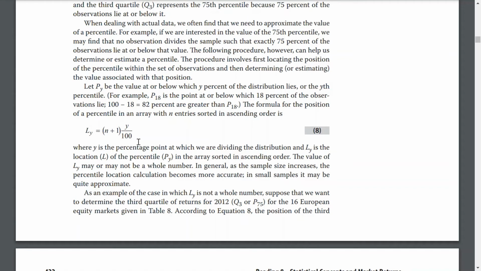It's 100 because we have percentiles, and percentiles are percentages, which are out of 100. Where y is the percentage point at which we are dividing the distribution, L sub y is the location of the percentile, and P sub y is from the array sorted in ascending order. The value of L sub y may or may not be a whole number.